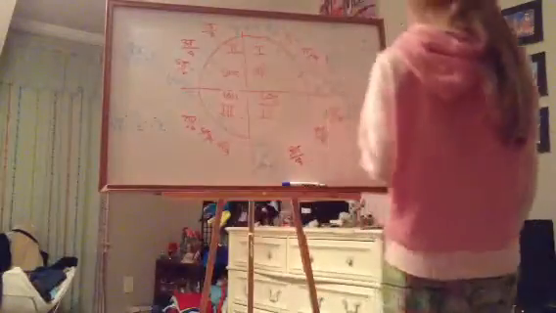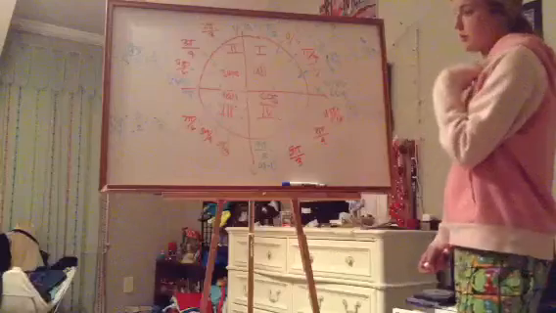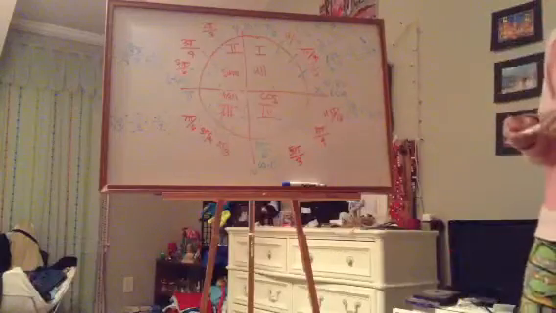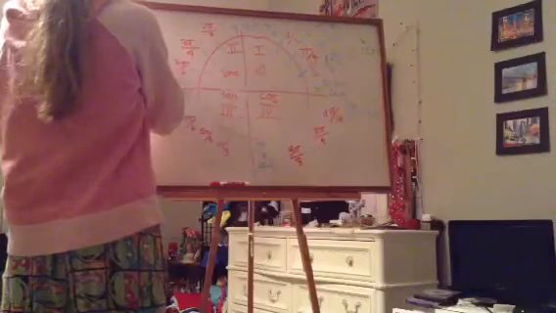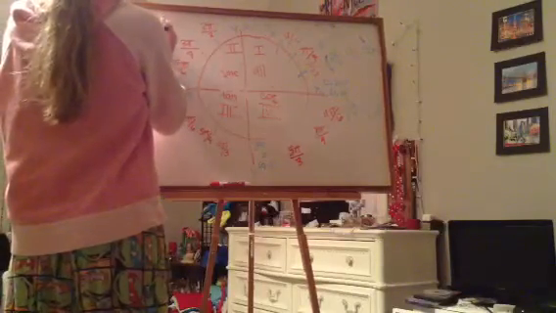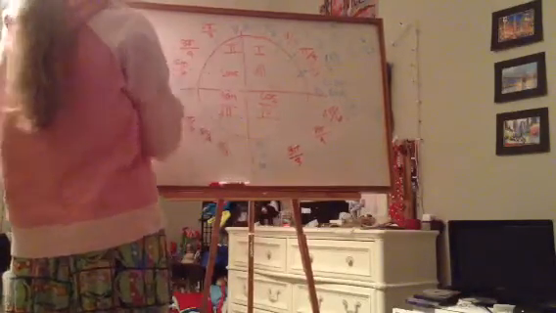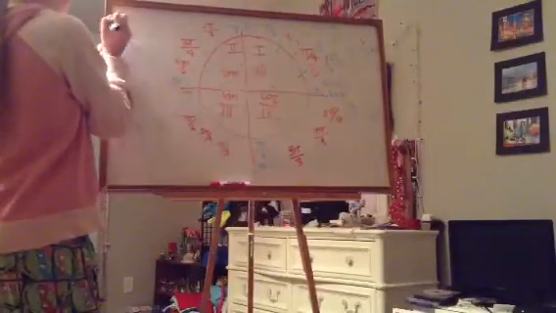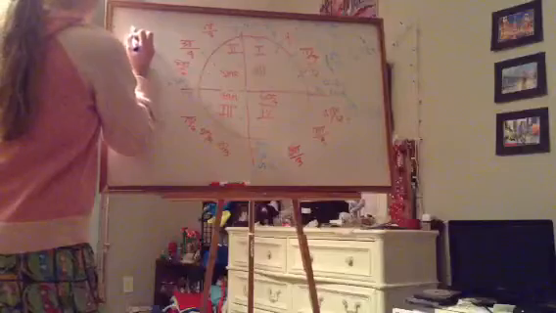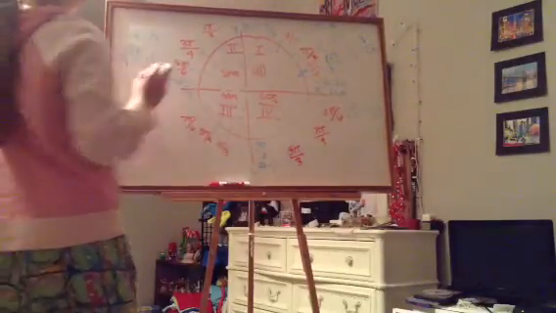Fourth quadrant, just the cosine should be positive. So, I'm going to finish out the rest of this unit circle. We bring the 1 over root 2 over here, comma 1 over root 2 over here, you bring the 1 over as well, 1. That's now a negative 1, and this is a negative 1 over root 2.